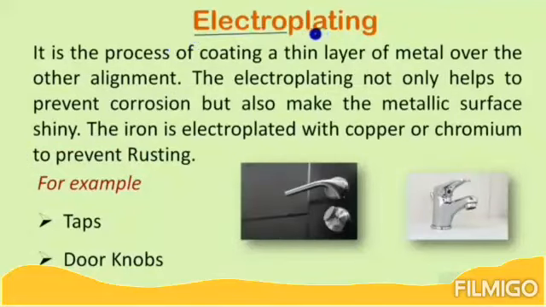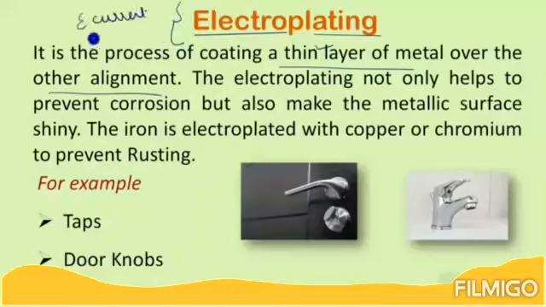Electroplating. It is the process of coating a thin layer of metal over another metal. Electroplating is a process based upon electric current.